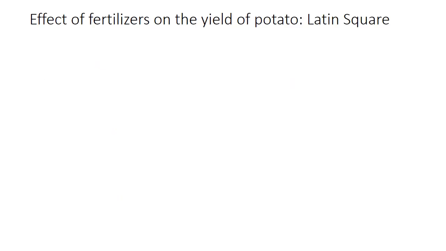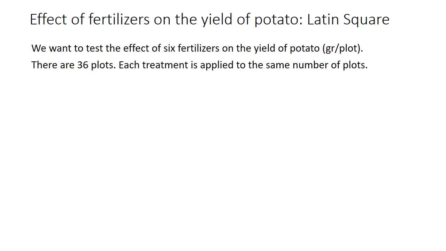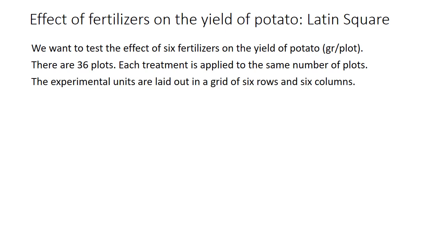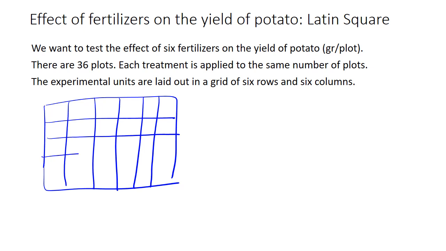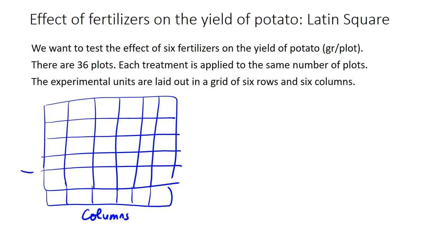let's see an example. We can use a 6 by 6 Latin square design. Each treatment occurs once in each row and once in each column.